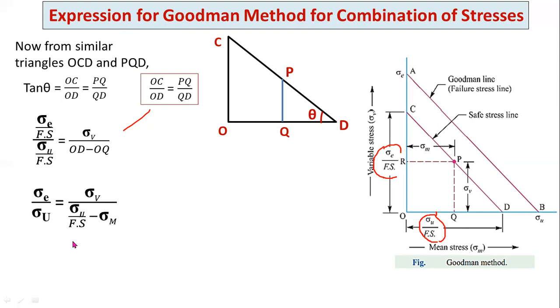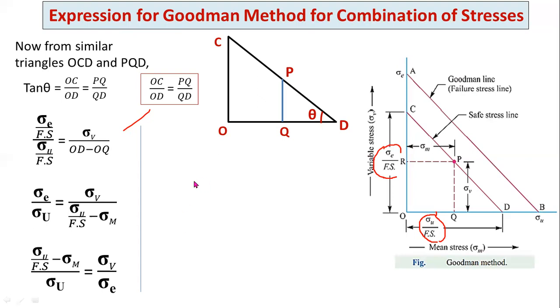After that, you have to cross multiply. Here sigma U by Fs minus sigma M, divided by sigma U, equal to sigma V by sigma E. From this equation, you have to separate the value of 1 by Fs and sigma U values.